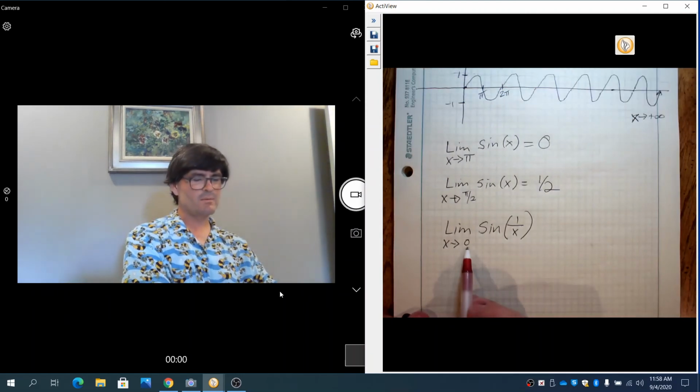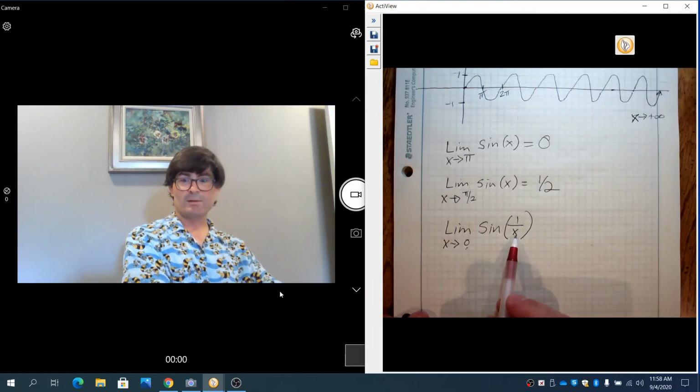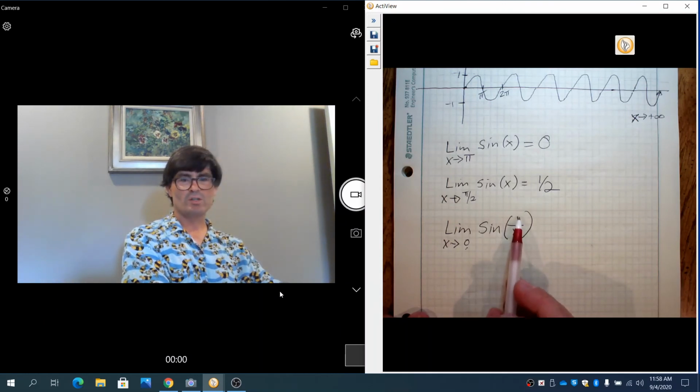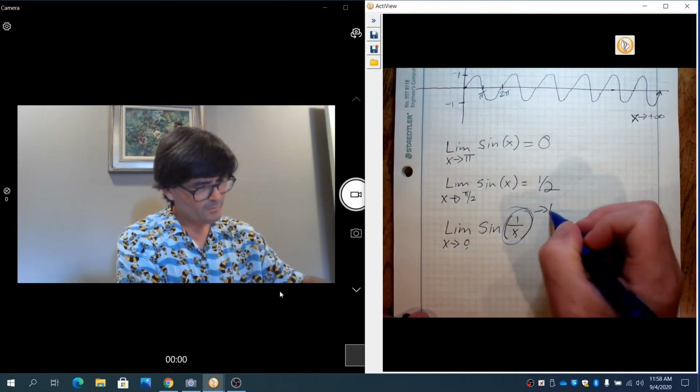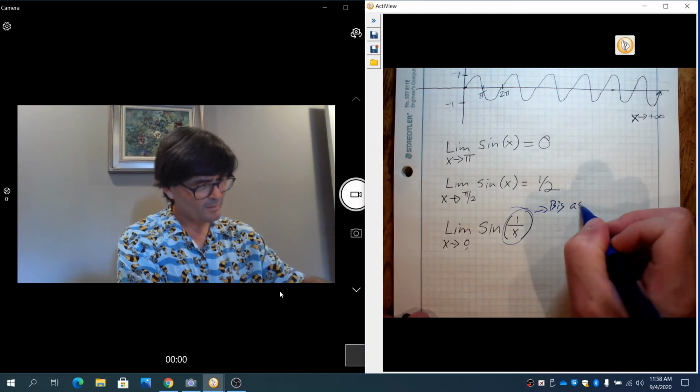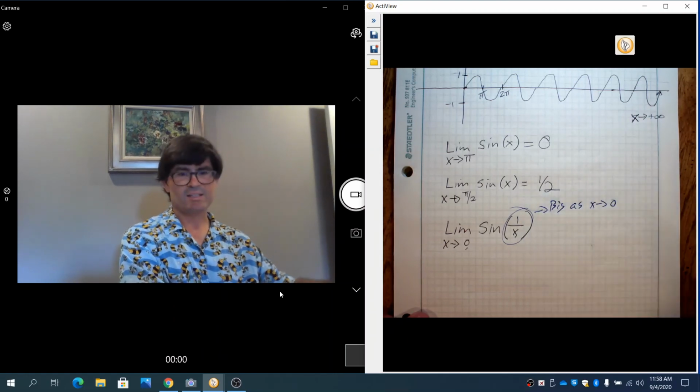If x goes to 0 here and you try to plug in 0, it's undefined because it's in the denominator of the fraction. But if you have 1 over a super small number, if we're not putting in 0 but instead a really small number close to 0, then you end up with 1 over a super small number, which makes this whole thing get big as x goes to 0.